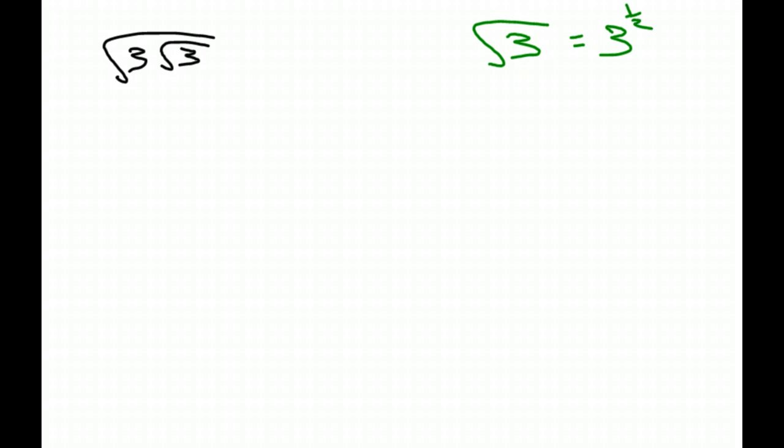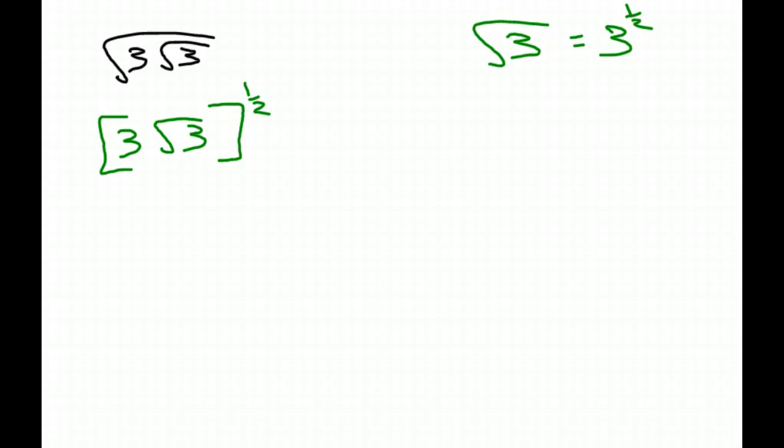So, the square root of 3 can be written with an exponent as what? 3 to the 1/2 power. So what we're going to do is change these things. The square root of 3 becomes 3 to the 1/2 power.